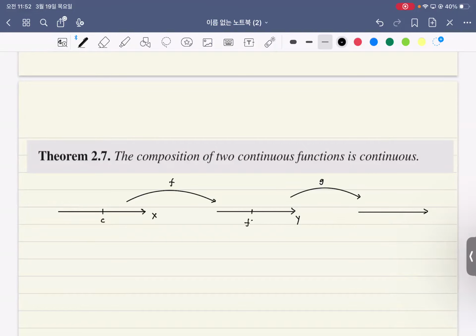Then this is f of c. Then this is g of f of c. Suppose that f is continuous at this point, and g is continuous at this point, then the composed function, g of f, is continuous at this point. This is what you're supposed to prove.